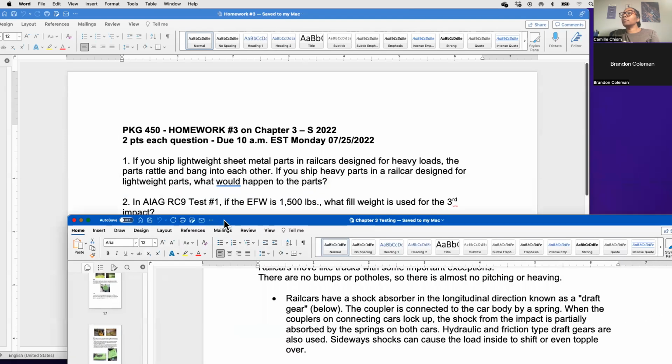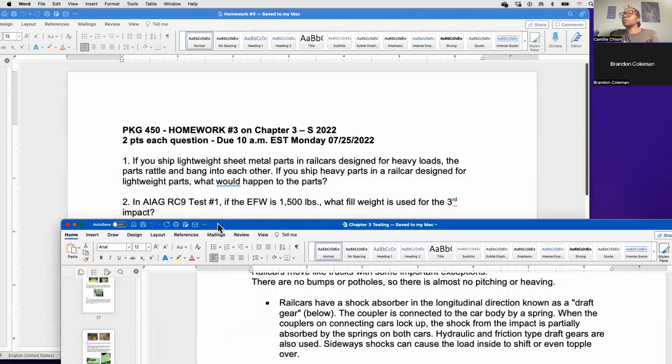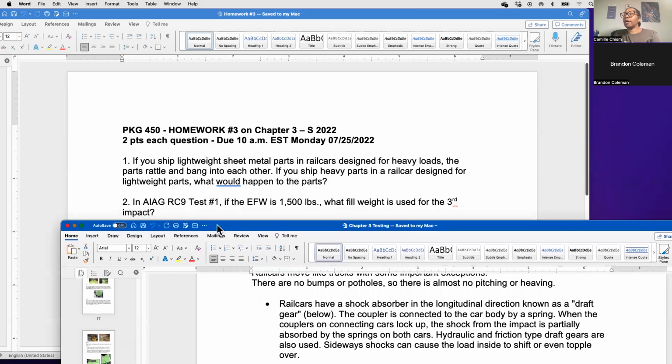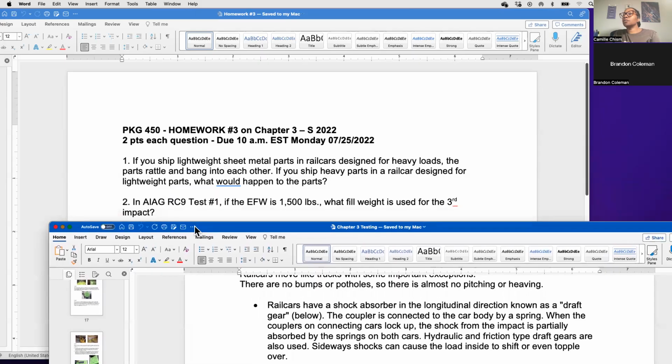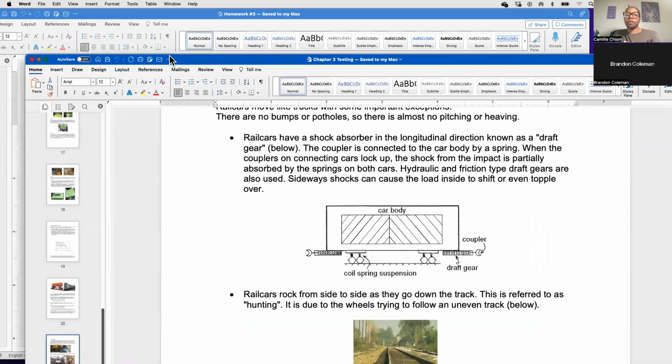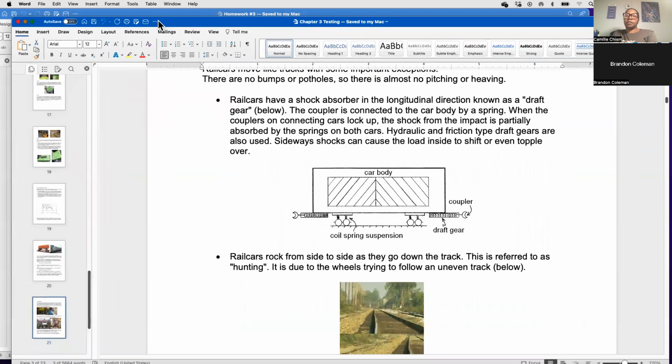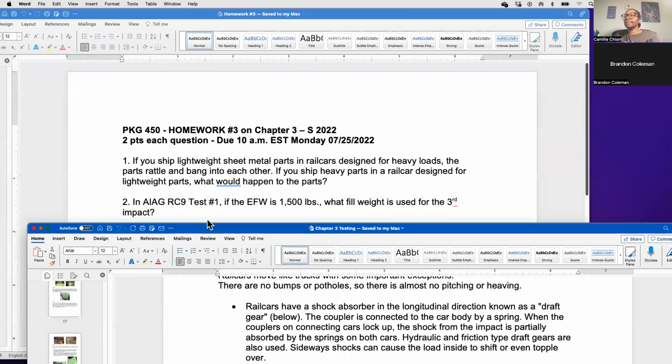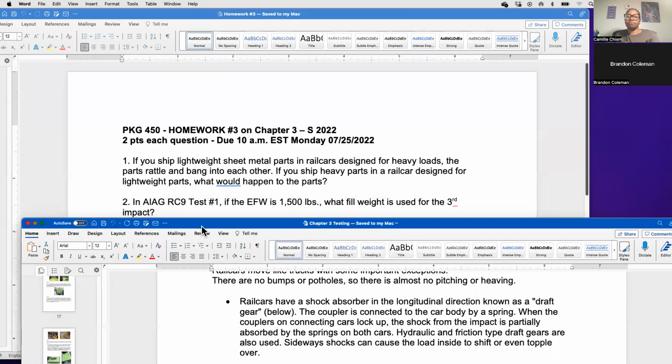So number 2, for test number 1, if your EFW is 1,500 pounds, what fill weight is used for the third impact? Now you're going to need to understand what the weight increment is for that total weight of 1,500 pounds.